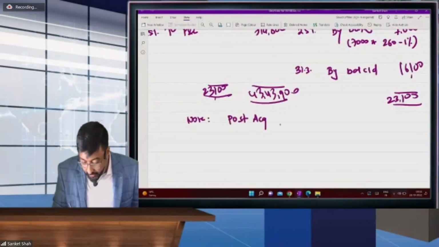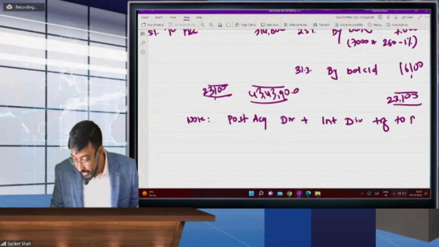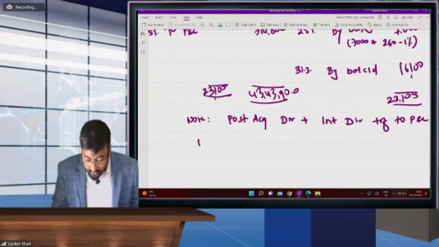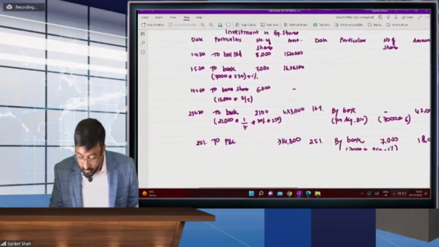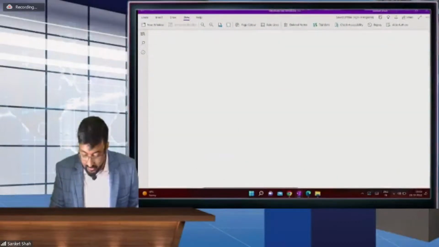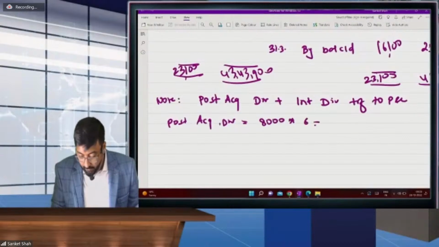Post-acquisition dividend plus interim dividend transferred to P&L. Now, how much was the post-acquisition dividend? 8,000 into 6, 48,000.